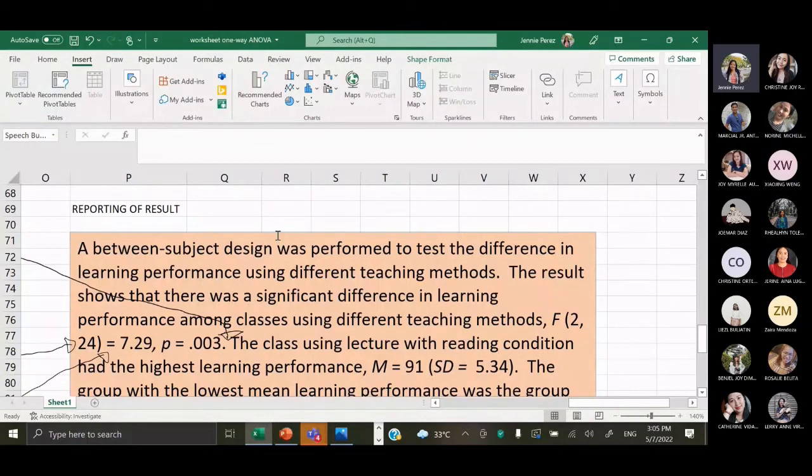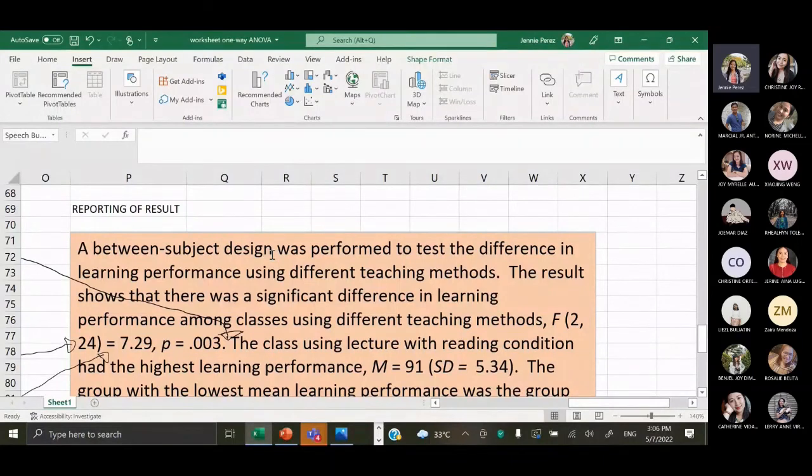The first statement, you would have to state the objective of your study. So you would see here that a between subject design was performed. This is a generic name for a research design, between subject design, meaning to say the three groups, this is not a repeated measure design.